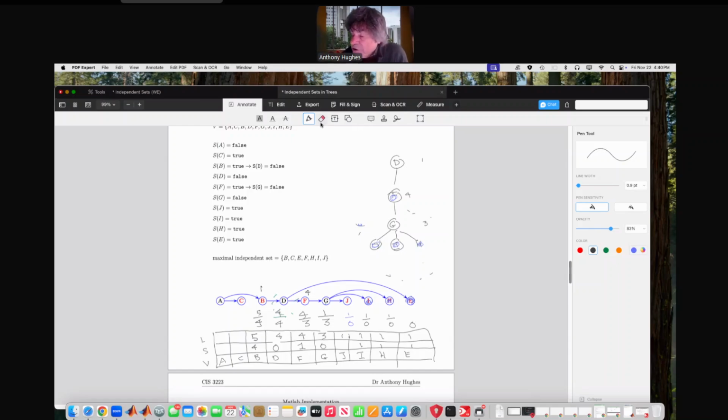Notice, let me draw the picture to show you what's going on. If we got B, it's got just one child, D. D has two children, E and G, which is going to J, I, and H. So there's the picture with D, with B as the root.